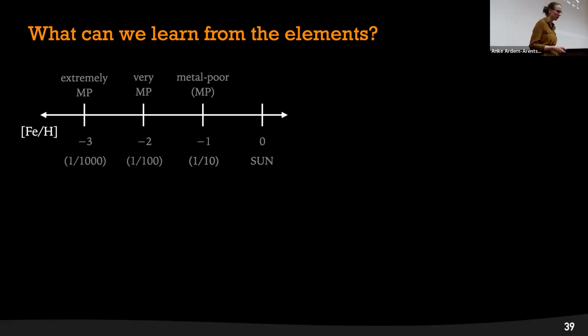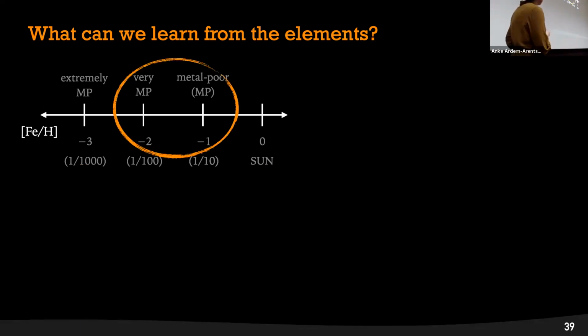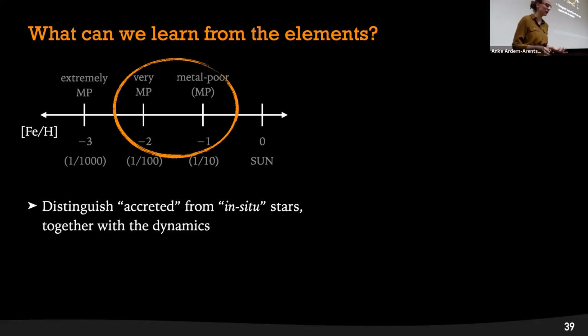So what can we learn from the elements? For example, in this range between metal-poor and very metal-poor, one thing that we can do is distinguish stars that were accreted from small systems from stars that formed in situ inside the Milky Way.